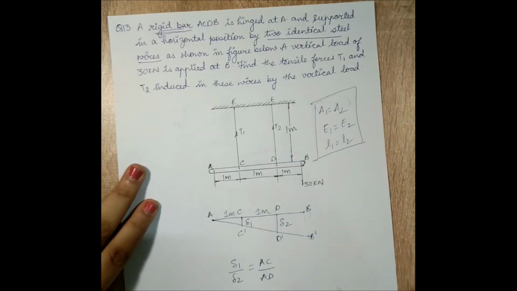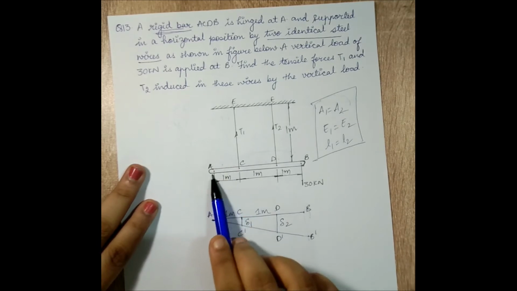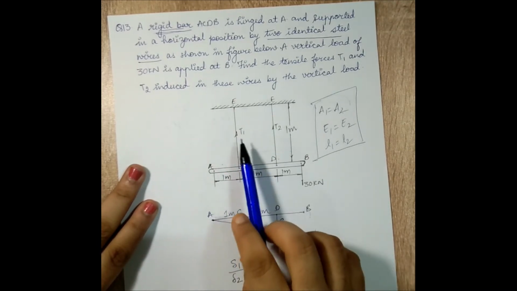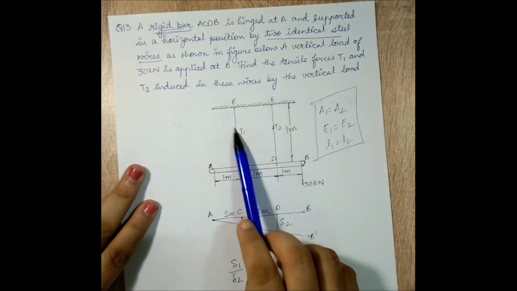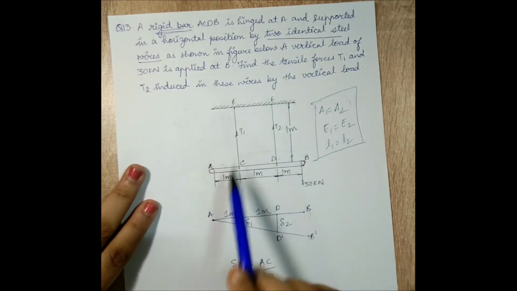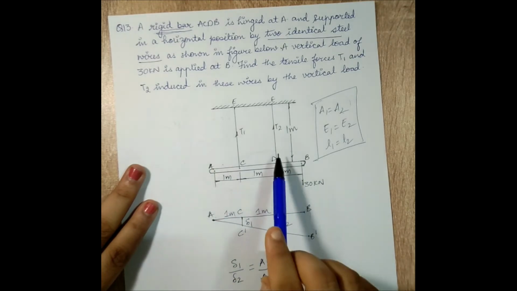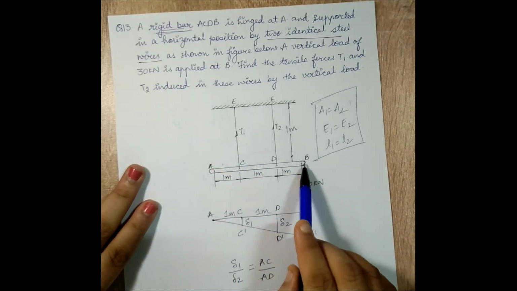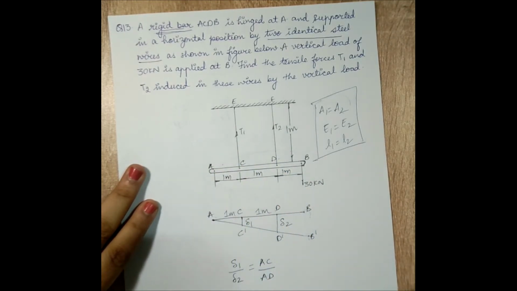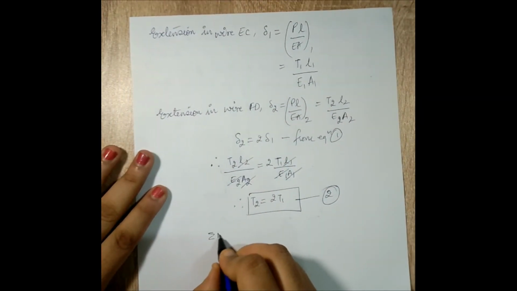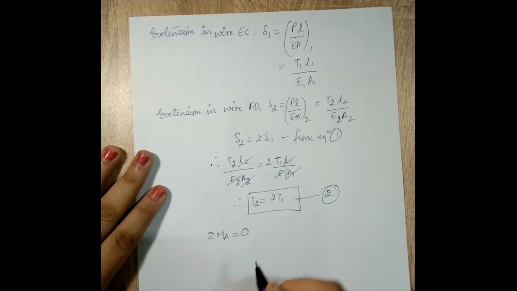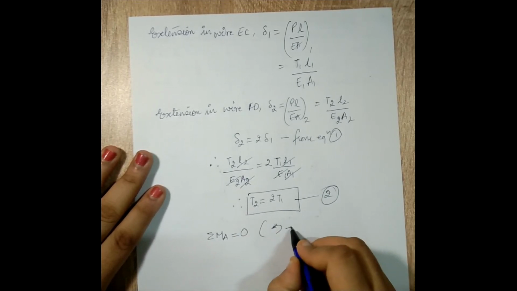Now if I take moment about point A because it is hinged, what do I get? T1 will turn anti-clockwise, let me assume that anti-clockwise is positive. So this will be T1 into 1, T2 into 2, and this 30 will be 30 into 3. So suppose if I take summation of moment about A is equal to 0, I take anti-clockwise as positive.